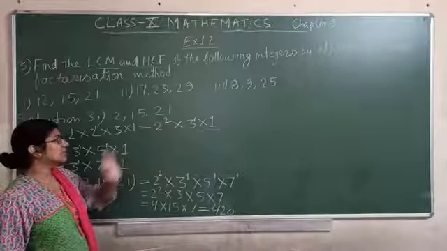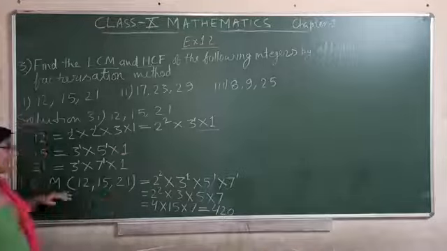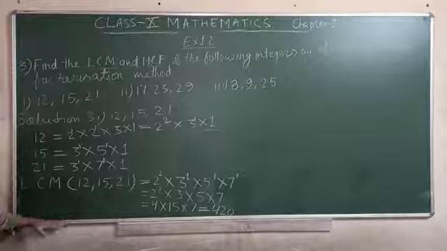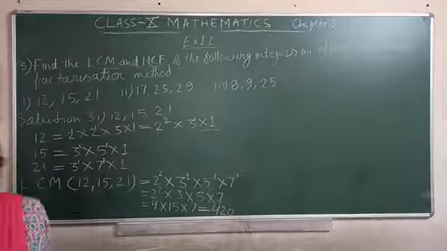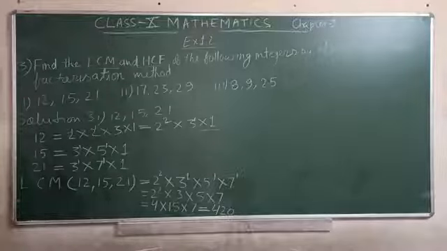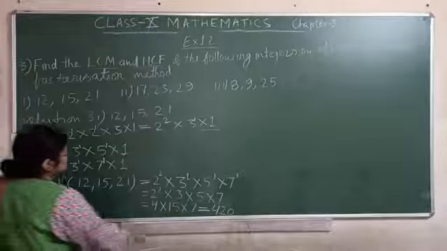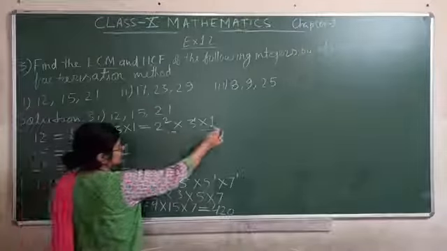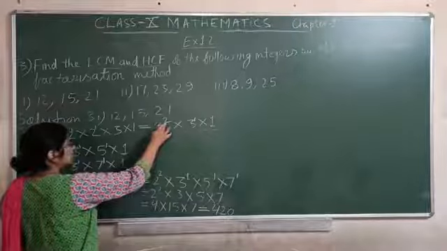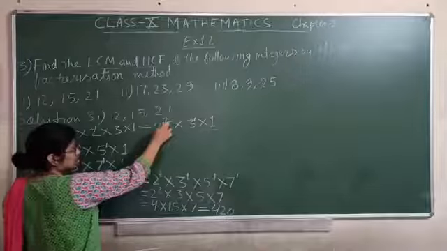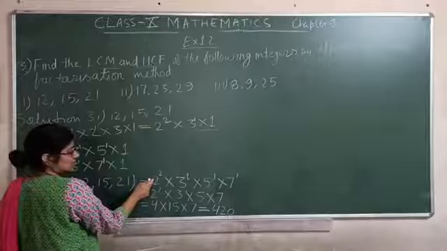For LCM, you have to choose the greatest power of all the prime factors. Only in this one there is 2, and the power is 2 here. So we write this one.